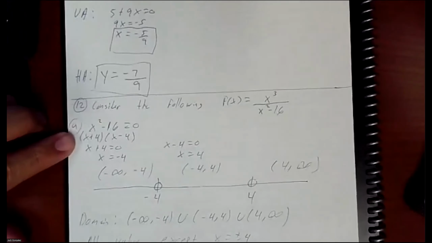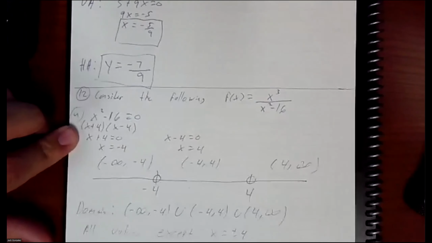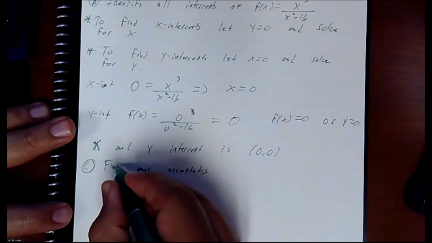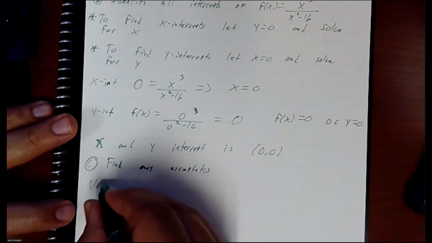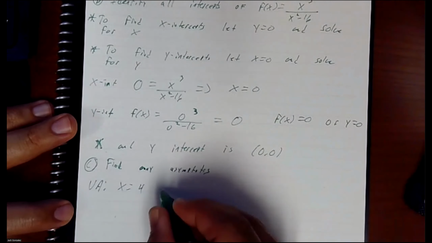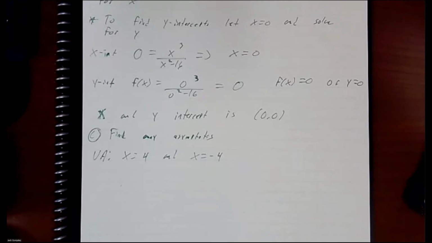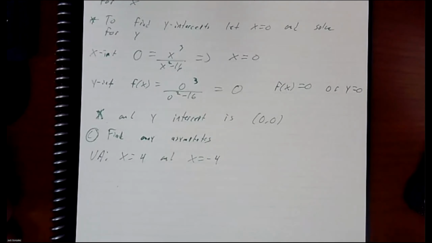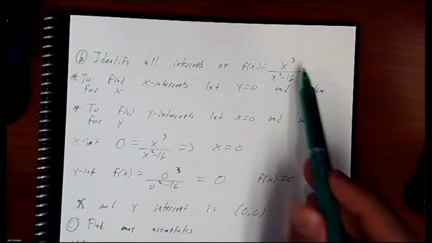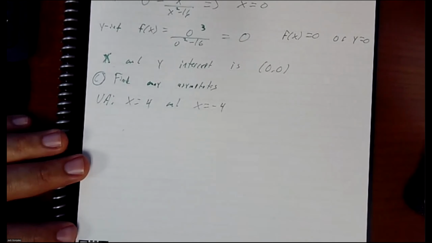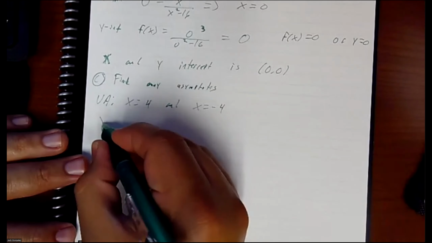Look back over here. These are the vertical. It can be 4 or -4 because it makes the bottom 0. So the vertical asymptote will be x equals 4 and x equals -4. There's no horizontal because the degree is higher on top. So you're going to have to do long division to find the oblique, which sucks.